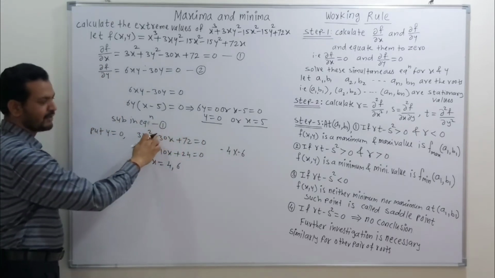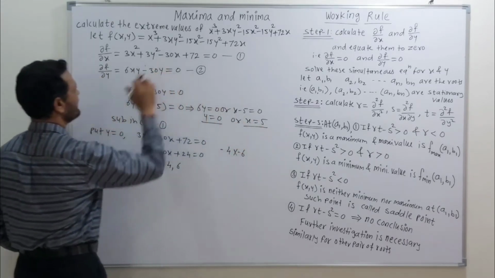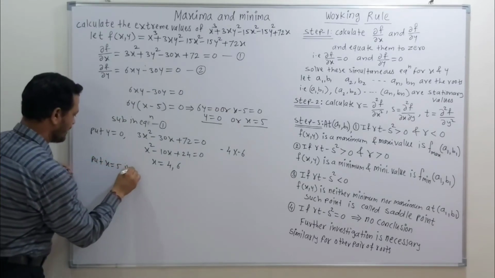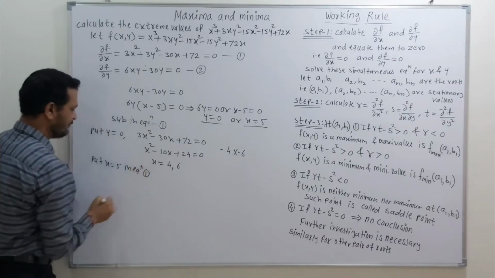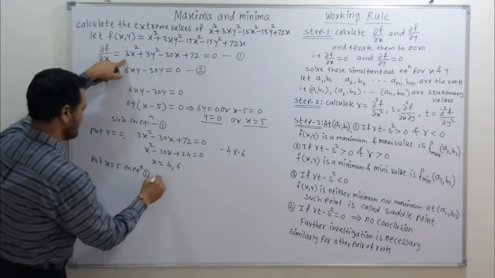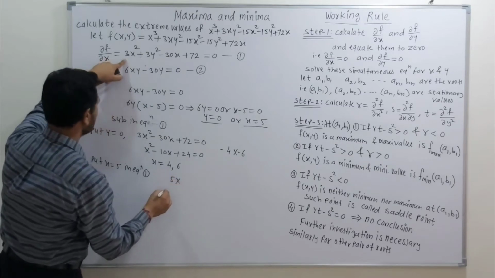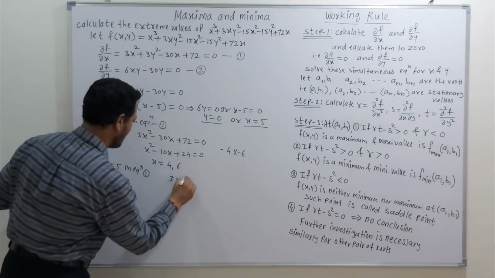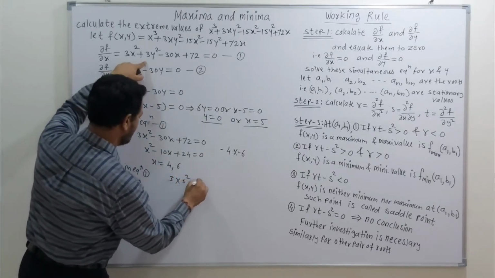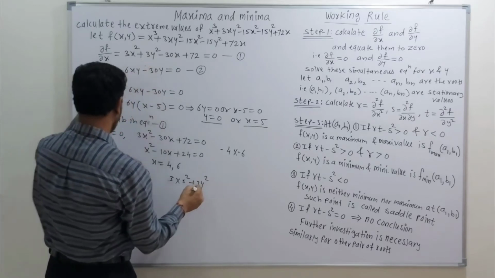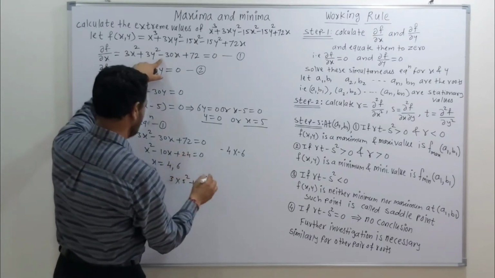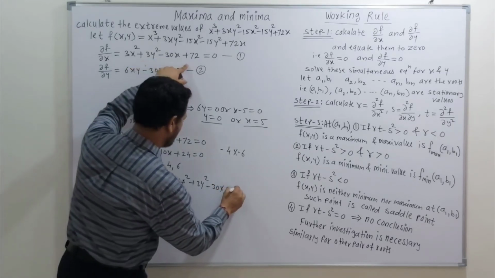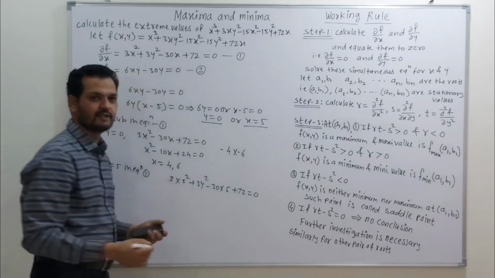So we put this in equation number 1. Similarly, put x equal to 5 in equation number 1. So again, put x equal to 5 in equation 1. So if we put this value in equation 1, then this equation becomes 3 into 5 square, plus 3y square, minus 30 into 5, plus 72 equal to 0.